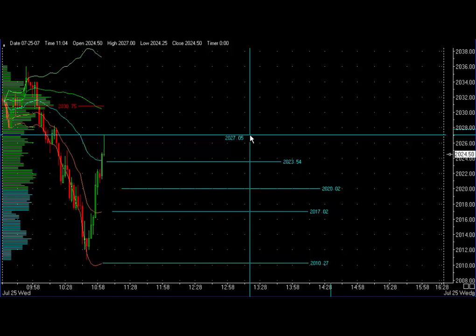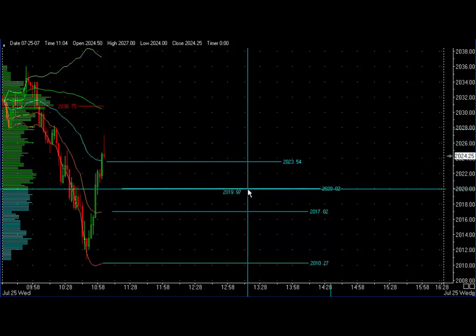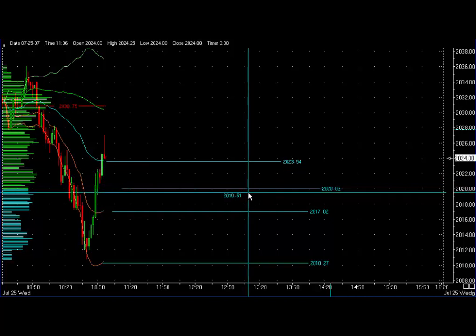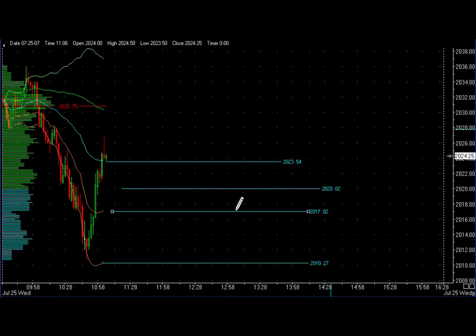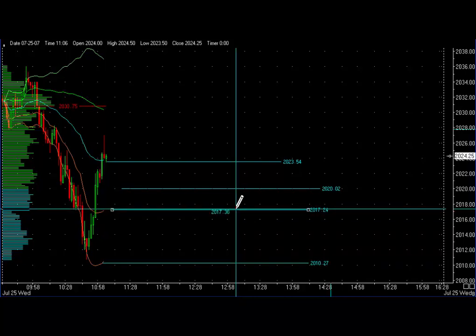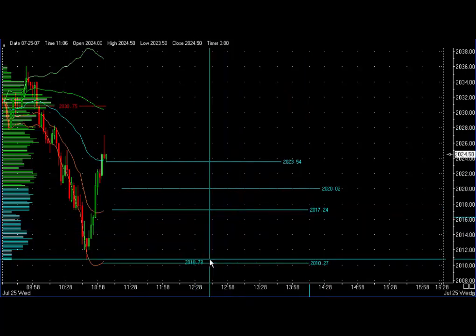Expectation is still for this market to move down, and our trader will attempt to take off one contract at 20.20, and I would venture to guess he ought to take off his second contract one tick above his entry here, one tick above the present value of the standard deviation, which is about 2017, so about 2017 and a quarter would be a good exit target at the moment.